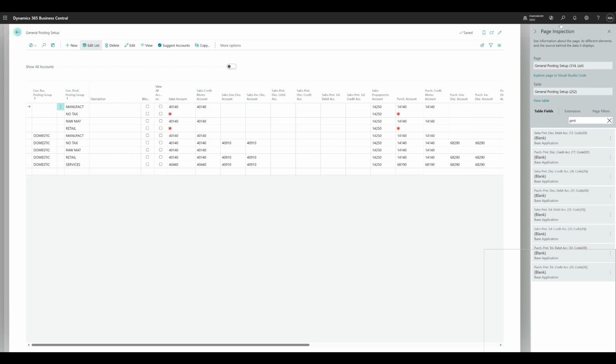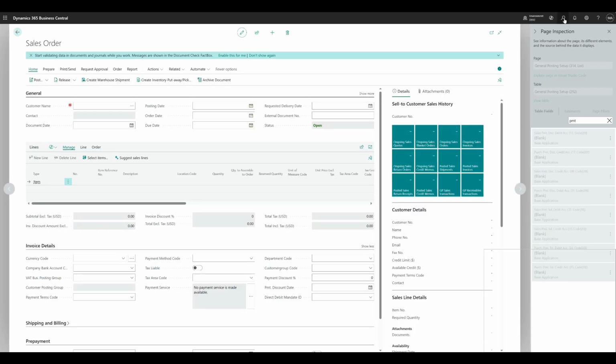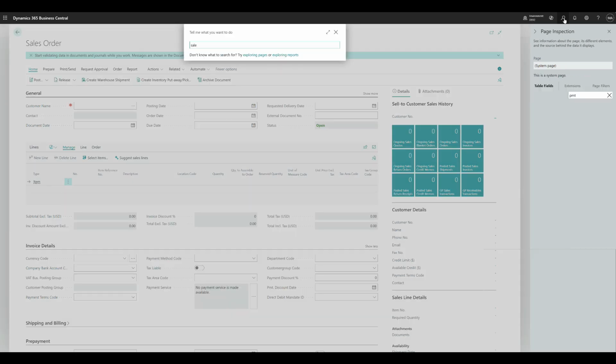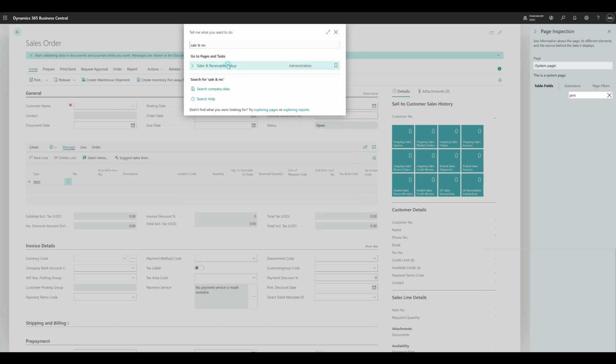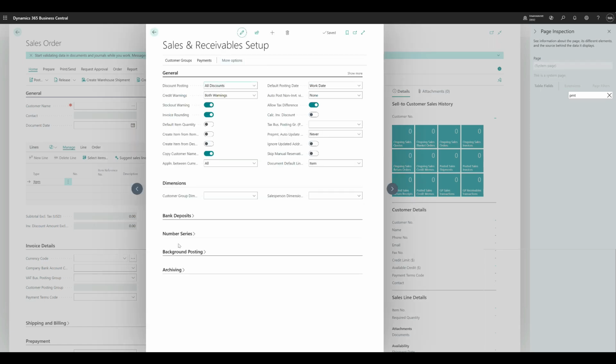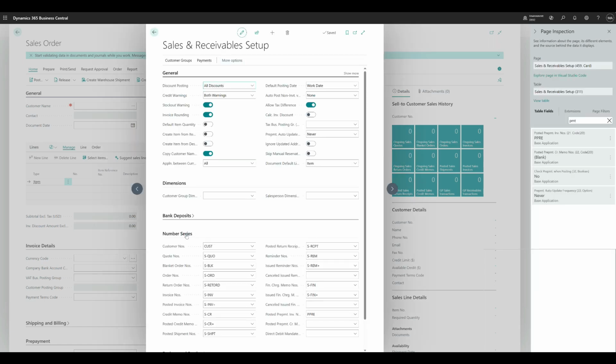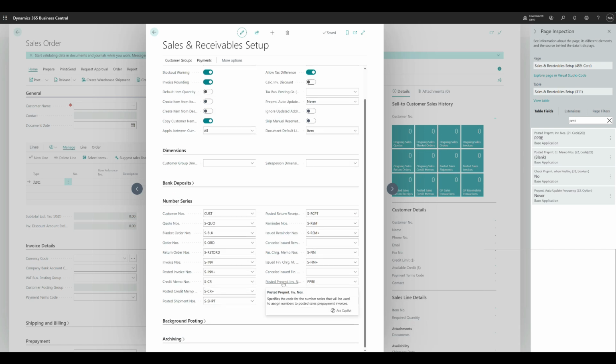The other setup needed is in the sales and receivables setup, under the number series, where you need a posted prepayment invoice number series.